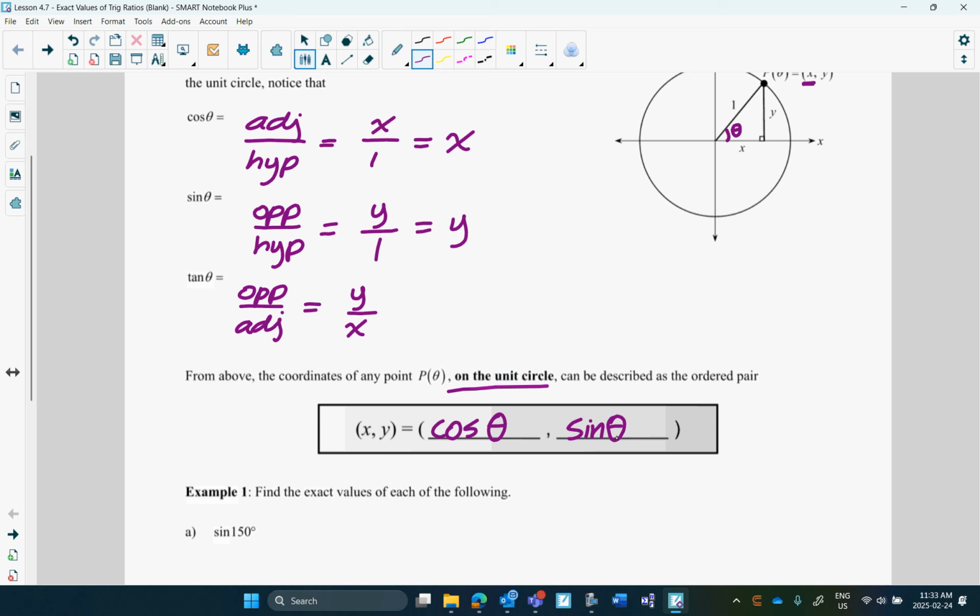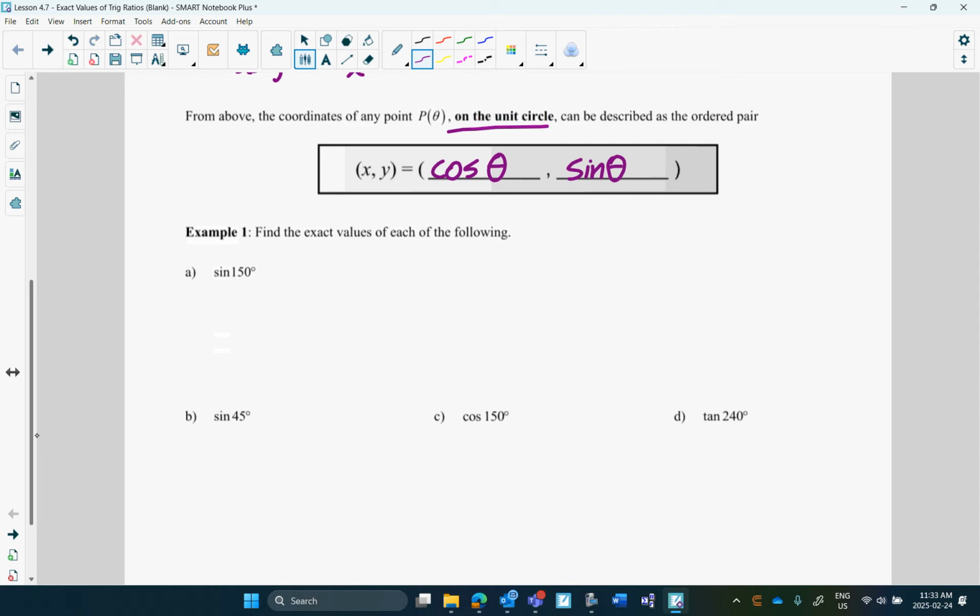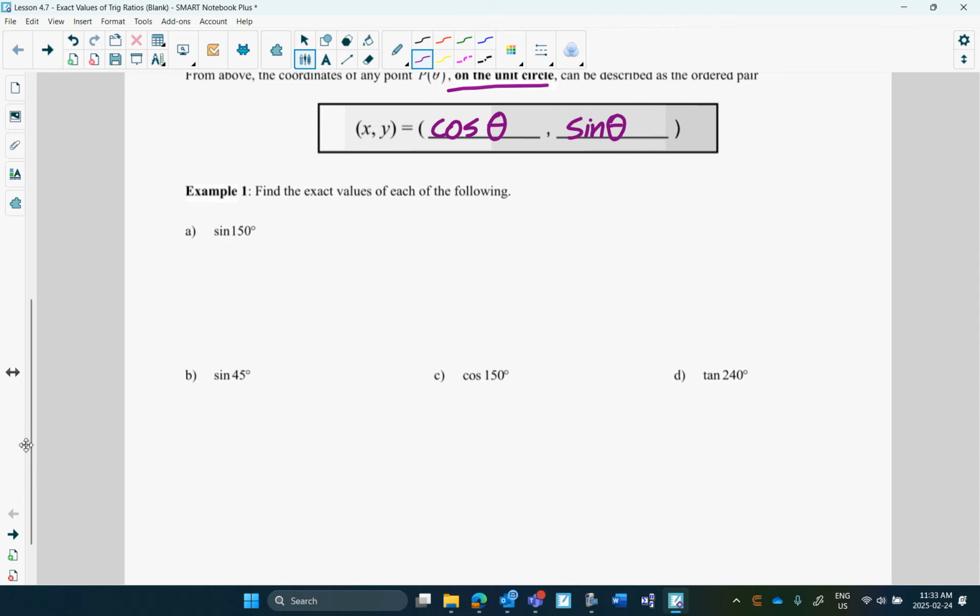And then tan, we have to do some work, y divided by x. So how do we do these things? Here's what I would suggest. And you guys will probably get to the point where you can visualize it in your head.